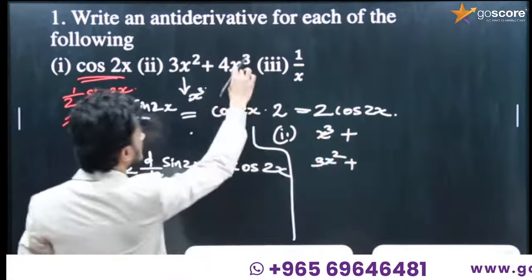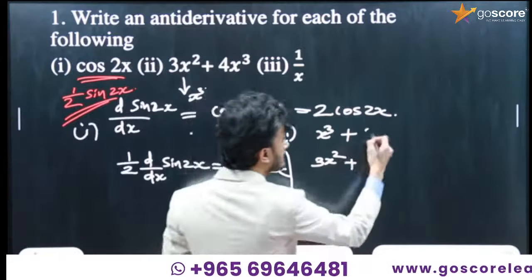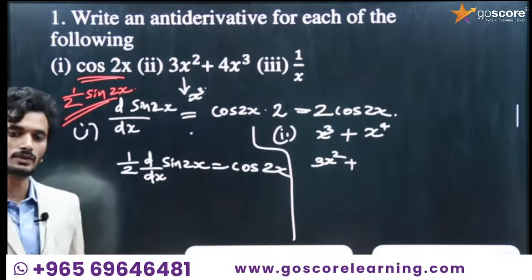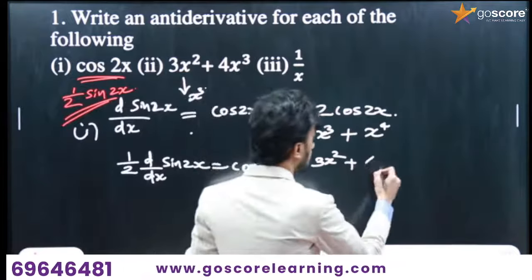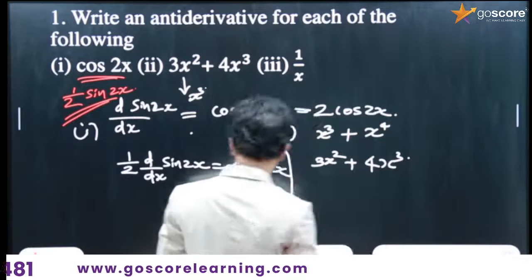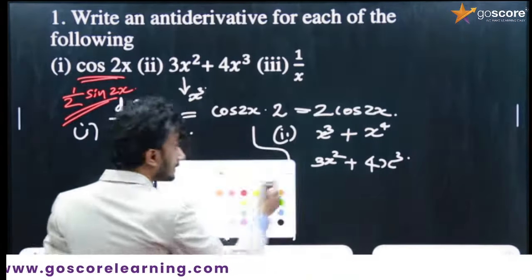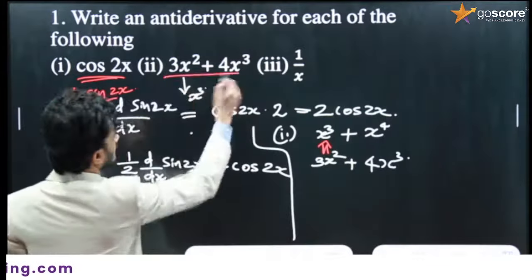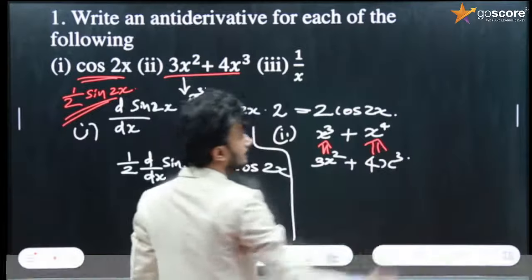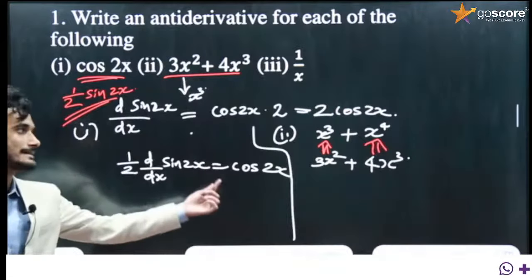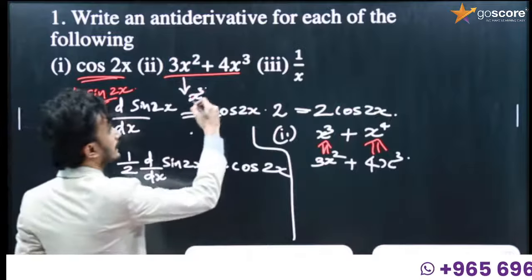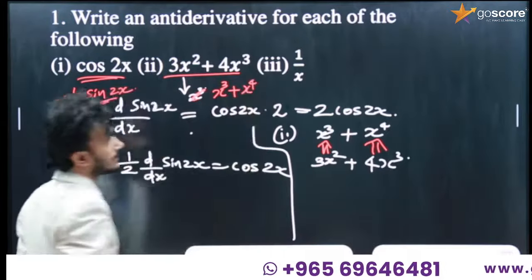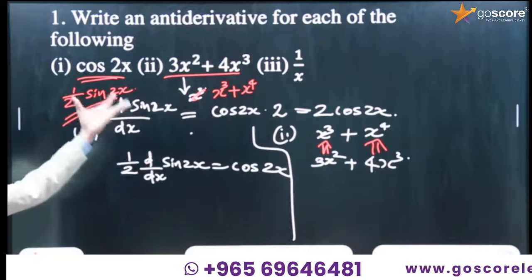Then I am taking x raised to 4. What is the differentiation of x raised to 4? It is 4x cube. So you can see that in this method, the answer is x cube plus x raised to 4, which is the antiderivative of this one.